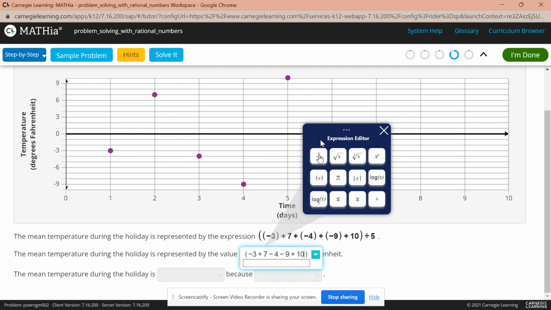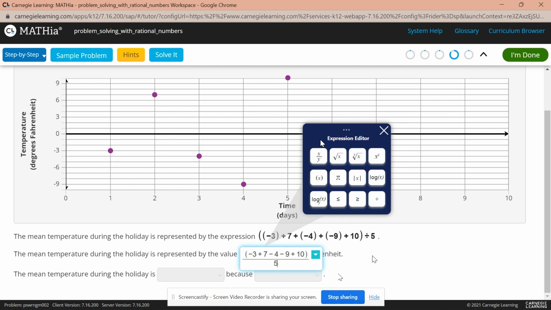Okay, so I am using the sign of the integer, which would tell me if I just put this on a number line, I'd go from 0 to -3, and then I'd go +7, coming back to the right, and then -4 coming back to the left, -9 going further to the left, then +10. And underneath all of that, when I get all of that taken care of, I'm just going to divide it by 5. So I'll put my 5 down here.